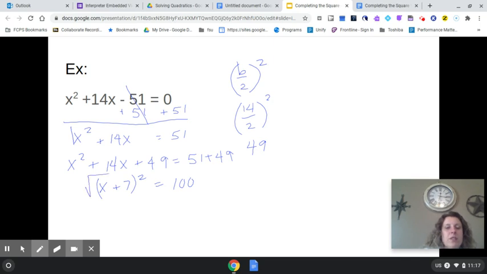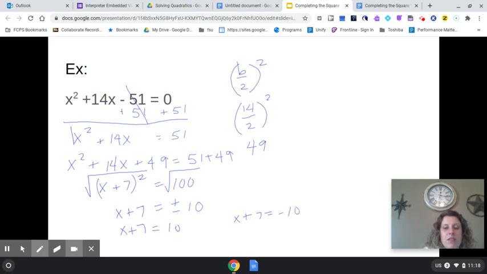Using square roots to solve, we take the square root of both sides. We get x plus 7 is equal to positive or negative 10. If we split this equation up, we have x plus 7 could equal positive 10, or x plus 7 could equal negative 10.